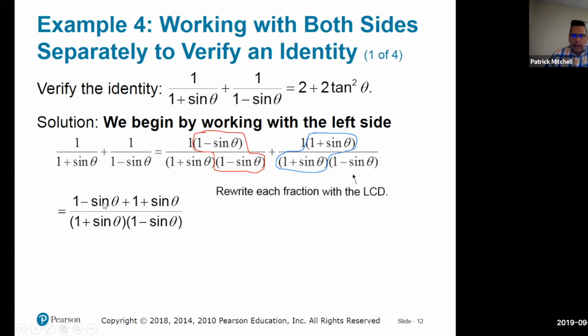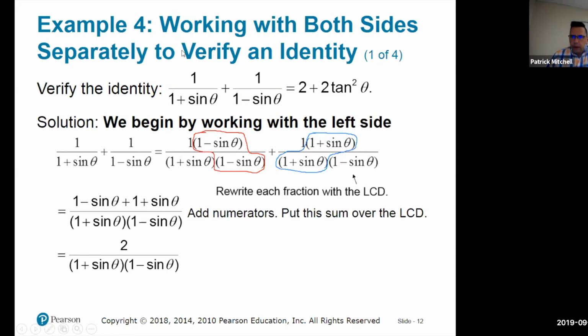The next thing that's going to happen is the minus sine theta and the plus sine theta are going to cancel out. So this and this go away, right? And then 1 plus 1 is 2. So now we have 2 over 1 plus sine theta times 1 minus sine theta.